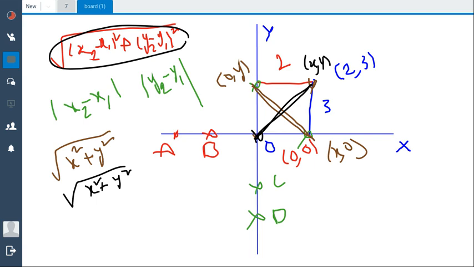Distance is always positive, so that's the reason I taken modulus of x2 minus x1. If the points lie on the y-axis, the x coordinates are zeros, and you will get the distance as modulus of y2 minus y1.